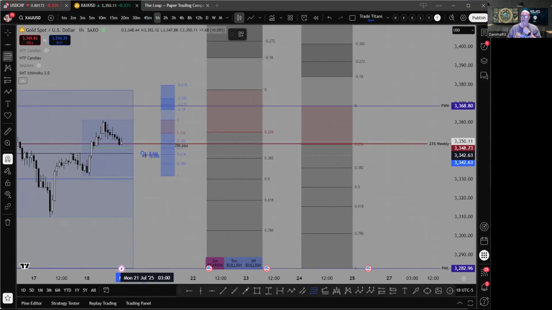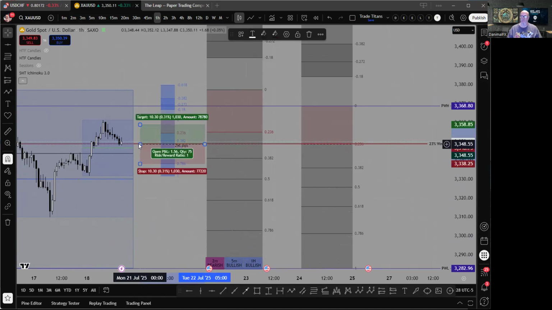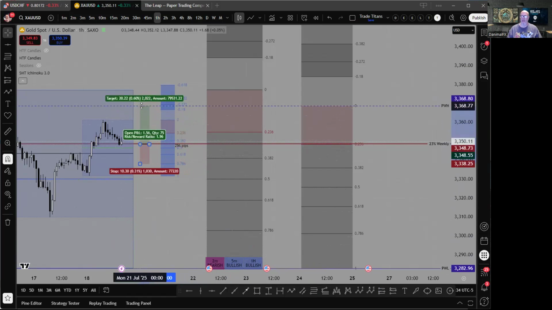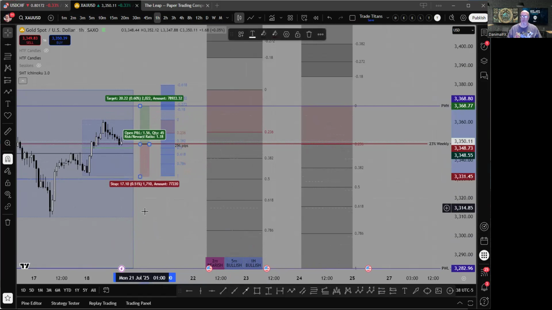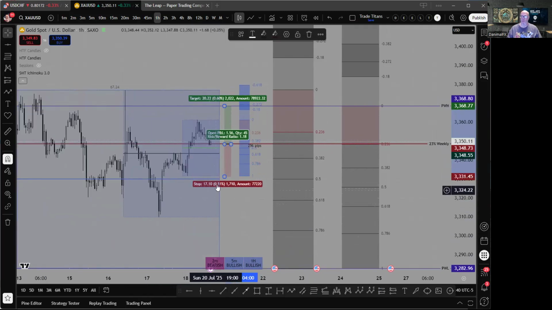So you could even have a buy right here. Whoops, wrong tool. Have a long position waiting for you. I'd still go with the 236 weekly because price is above it at the moment. And just take it to the high, making your low down here, just below the 204.